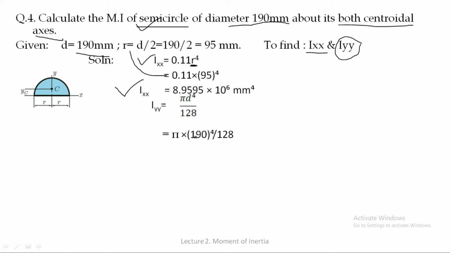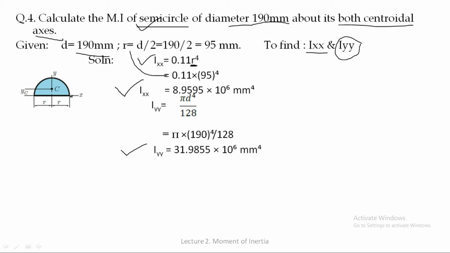Putting this value of diameter in this formula, we have pi into 190 raised to 4 divided by 128. From that we get Iyy as 31.9855 into 10 raised to 6 mm raised to 4. Now from this we can find the moment of inertia about the vertical centroidal axis.